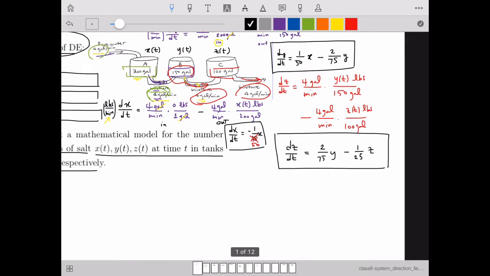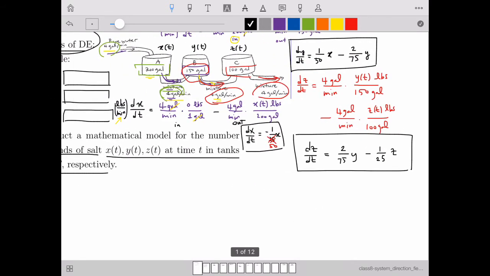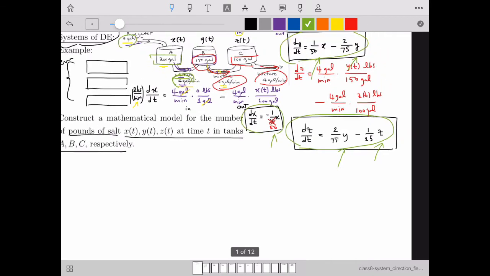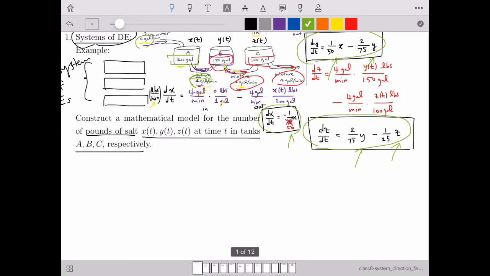Okay, then I have 3 DEs where each shares the same unknowns. They share common unknowns, right? So we call this a system of DEs.